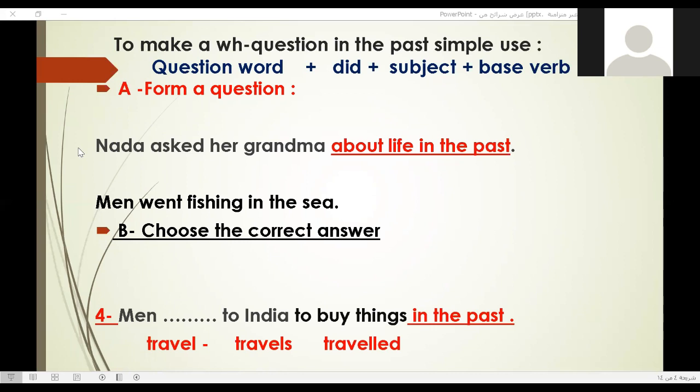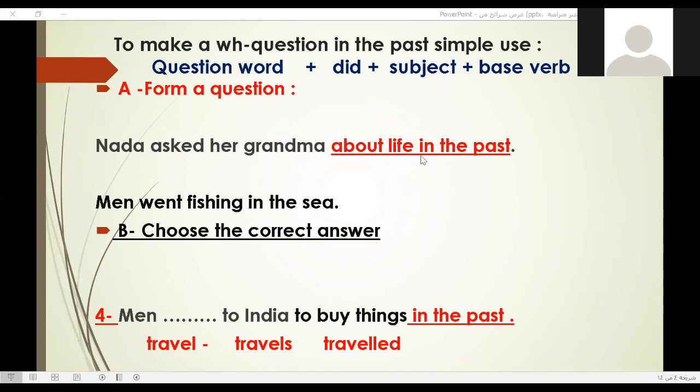Can you read here the first sentence? Nada asked her grandma about life in the past. So what's the WH word that asks about reason or about things? Okay, asked, this is the verb.